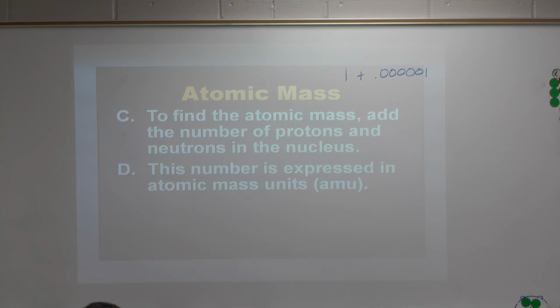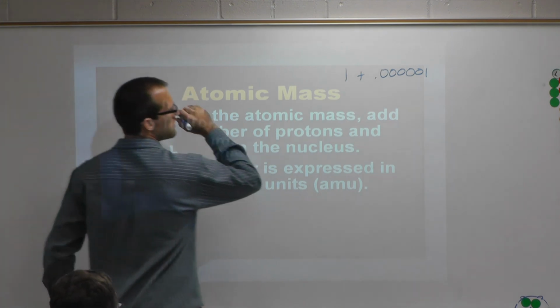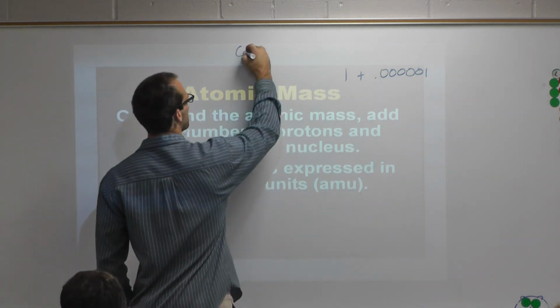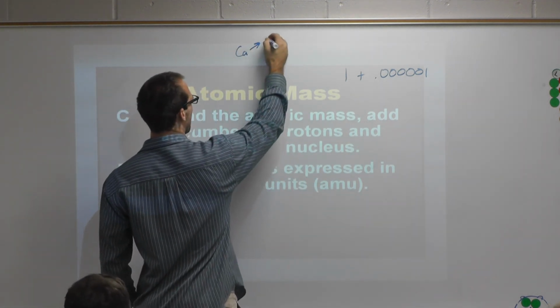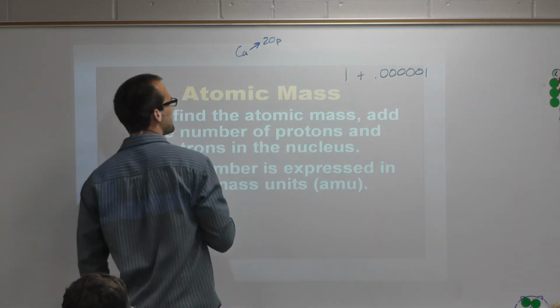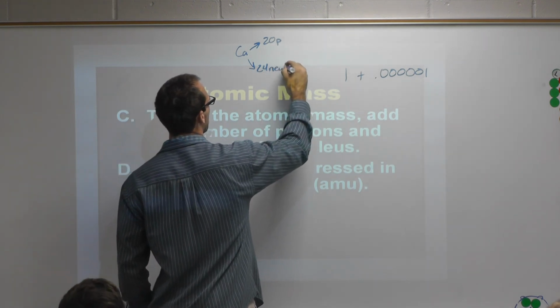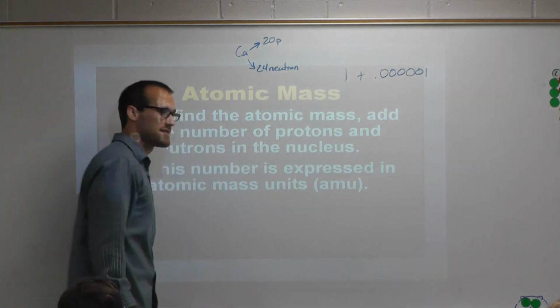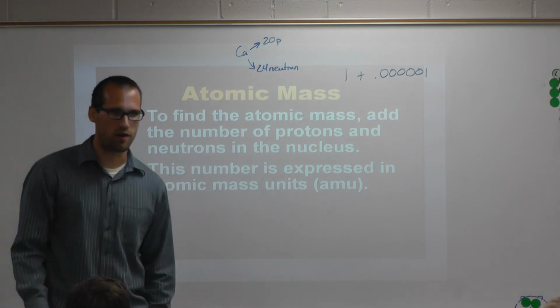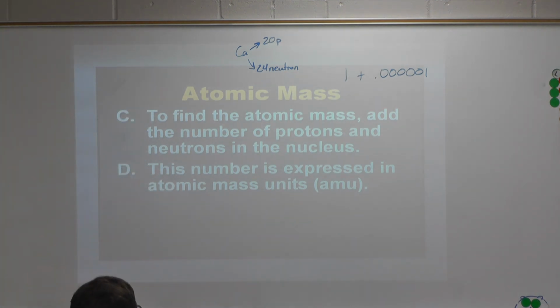Now obviously isotopes change things a little bit, but if I were to say that I have the element calcium, it has how many protons? 20. And let's say I know that it has 24 neutrons. What is its atomic mass? 44. Approximately 44. Well, for that one isotope, it would be just 44.